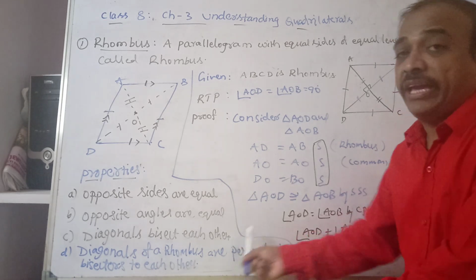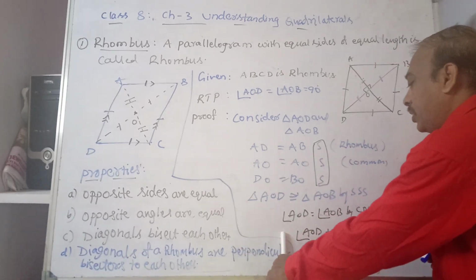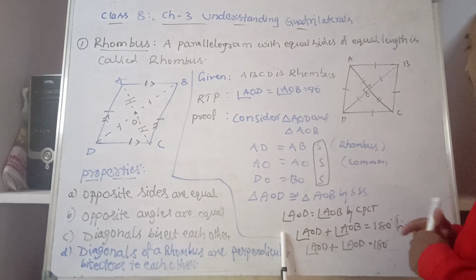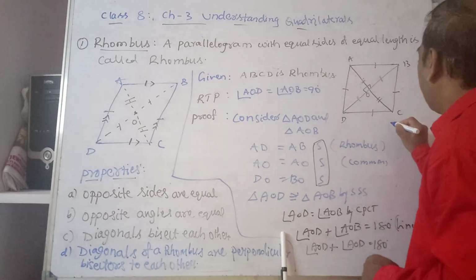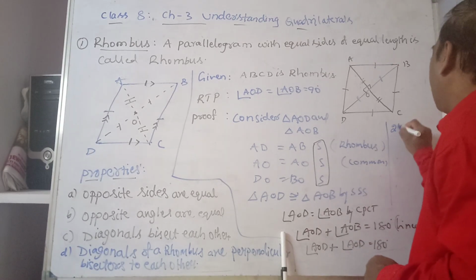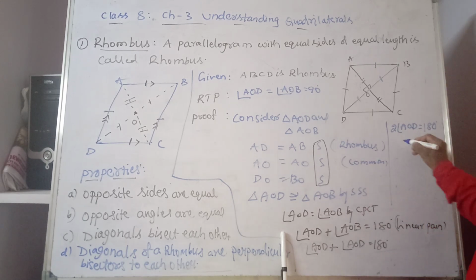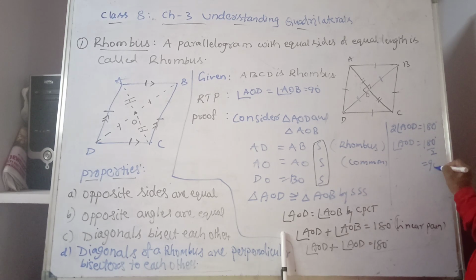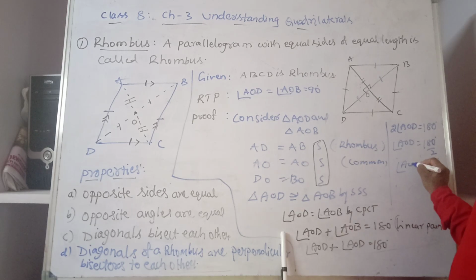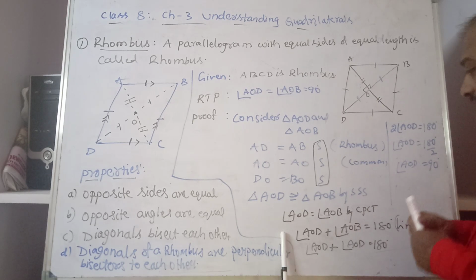2 times angle AOD is equal to 180 degrees. Now angle AOD is equal to 180 by 2, which is equal to 90. Therefore angle AOD is equal to 90 degrees.